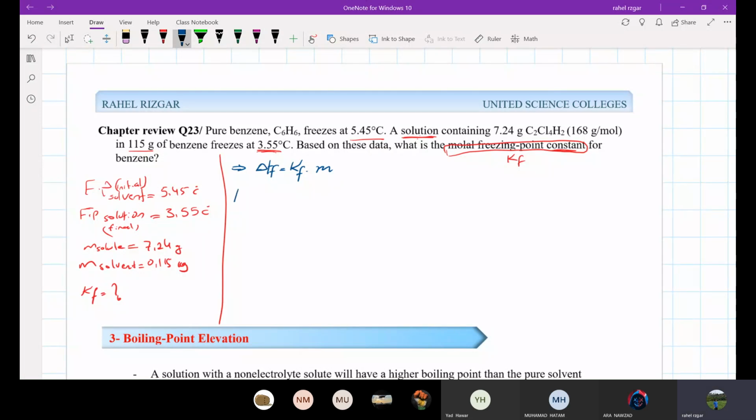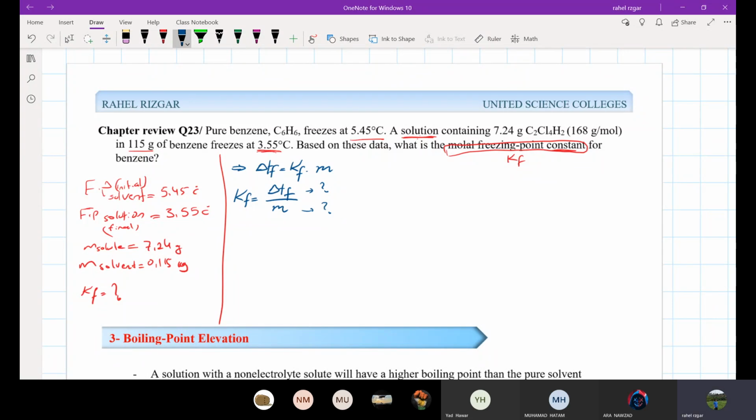So Kf is equal to delta Tf over molality. Delta Tf is missing. Molality is also missing. We need to find both of them.